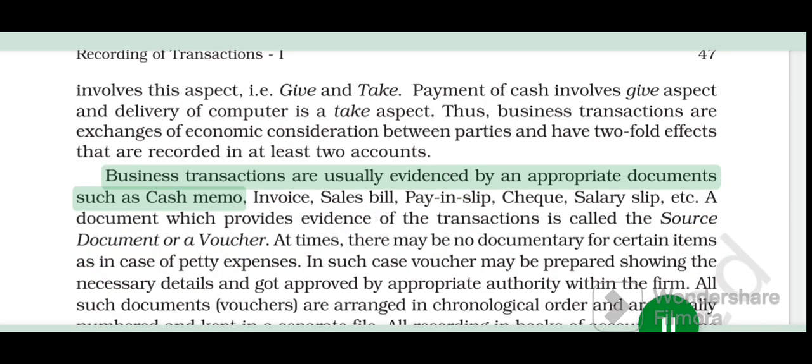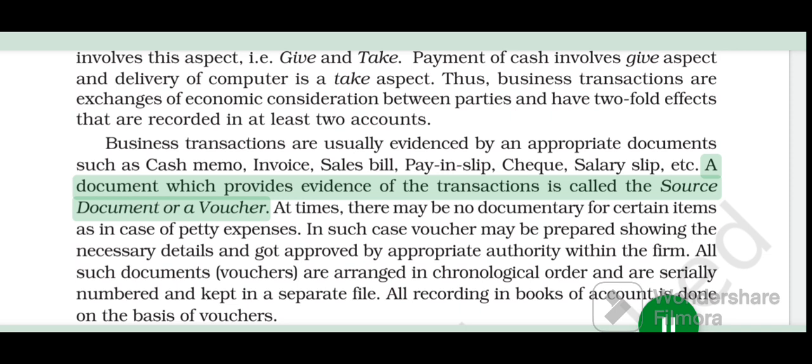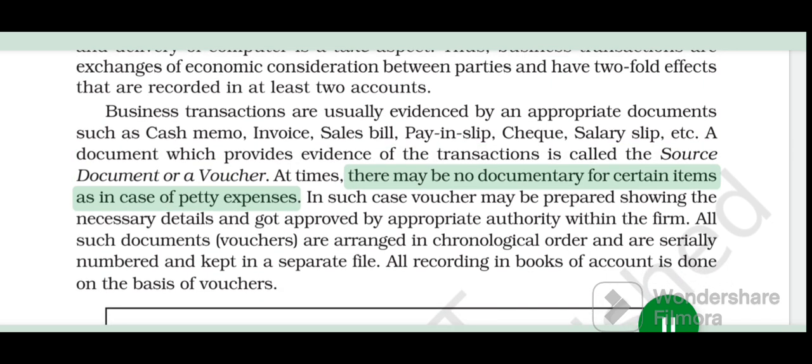Business transactions are usually evidenced by appropriate documents such as cash memo, invoice, sales bill, pay-in slip, check, salary slip, etc. A document which provides evidence of the transactions is called the source document or a voucher. At times, there may be no documentary evidence for certain items, as in case of petty expenses.